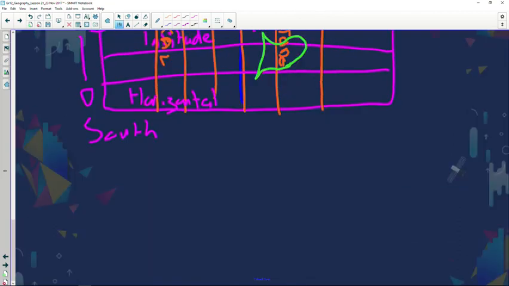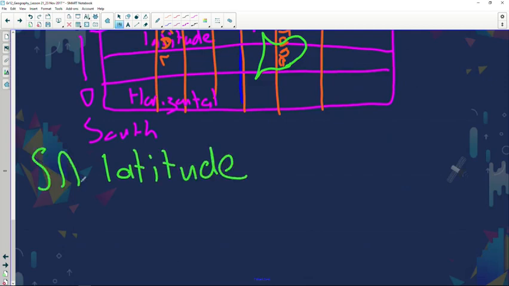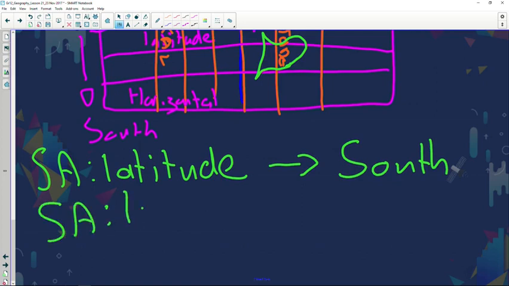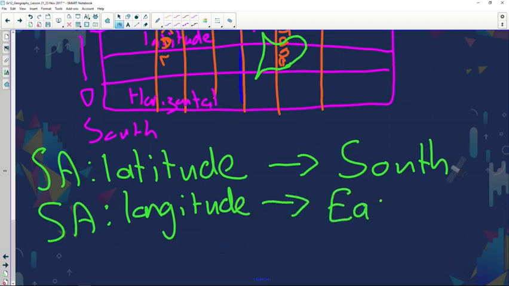So in theory, South Africa's latitude will always be south, and its longitude will always be east. Why?